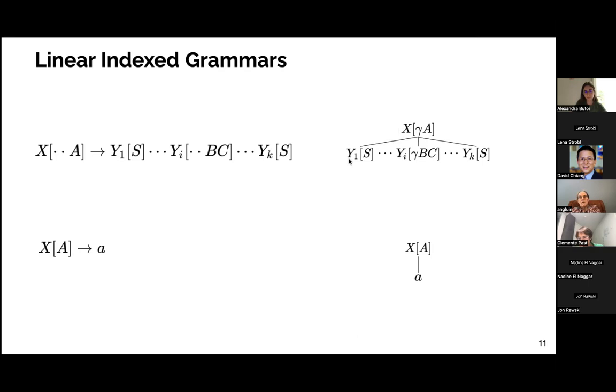The next step would be you'd have nodes Y1 augmented with S, Yi augmented with the stack gamma B C, and so on, Yk augmented with S. And for the other type of rule, you have X augmented with A, which gets rewritten as only a terminal a.